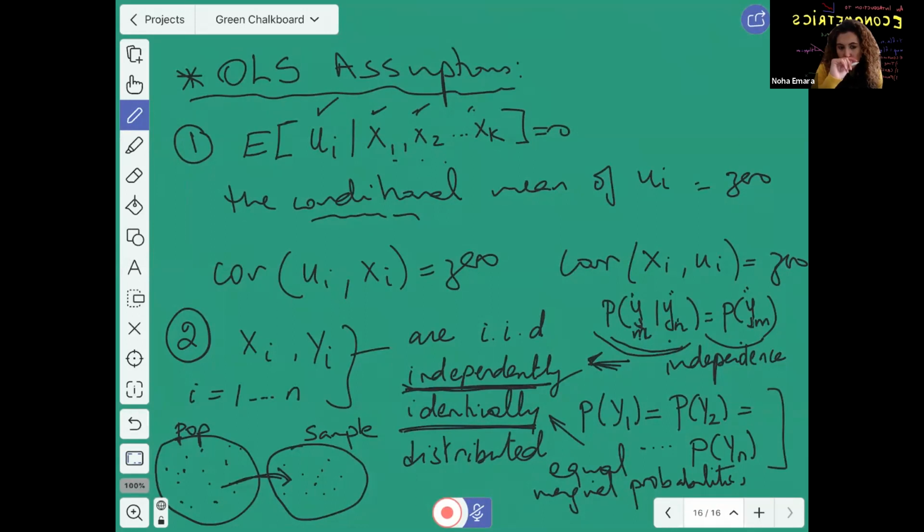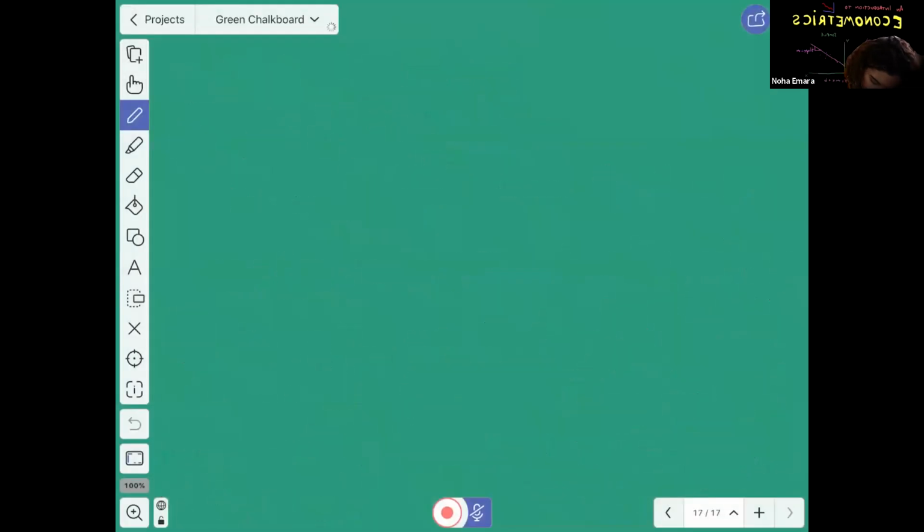It's very important to notice the following, when I have cross-sectional data. What is cross-sectional data?